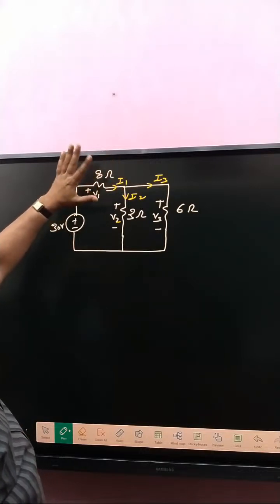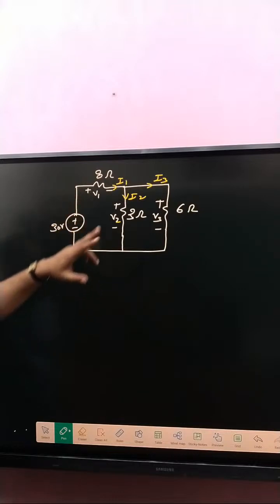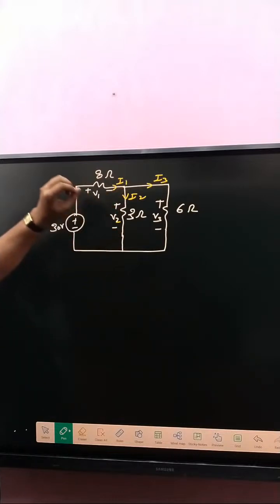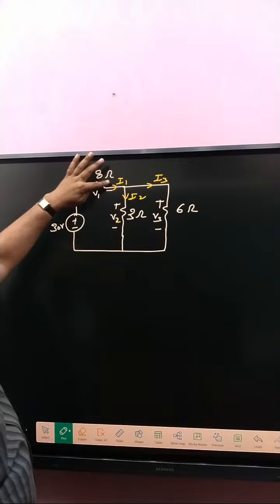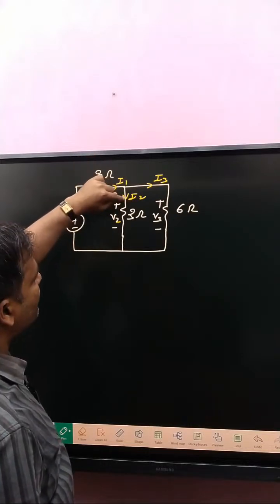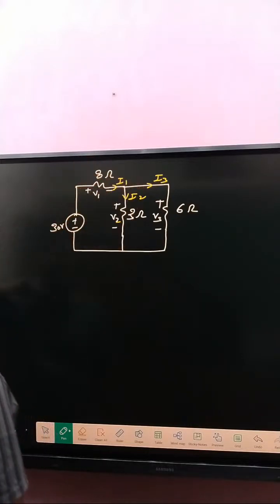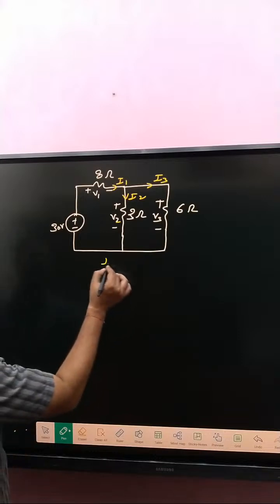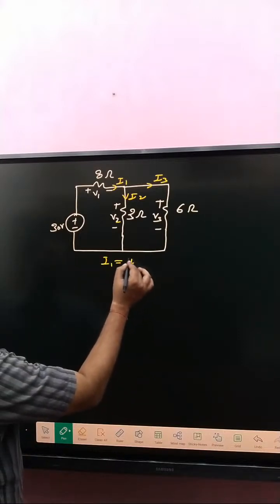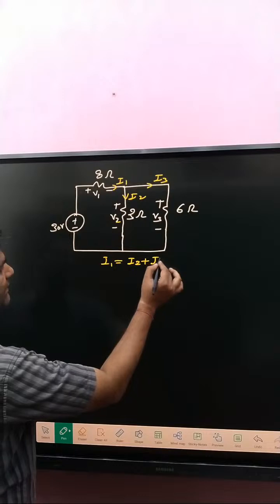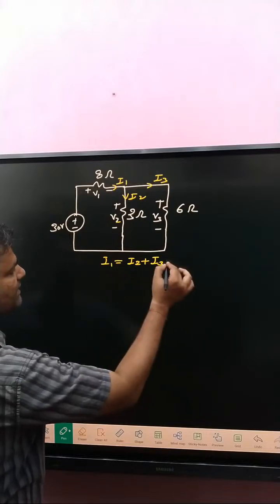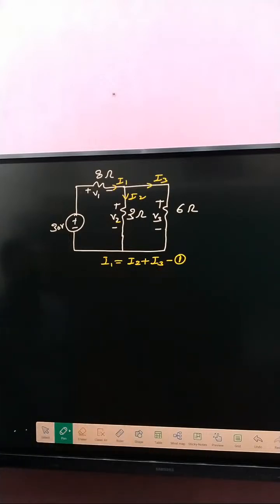That is KCL. Apply KCL at that node. Sum of incoming current I1 equals sum of outgoing current I2 plus I3. So I1 is equal to I2 plus I3. That is equation number 1.